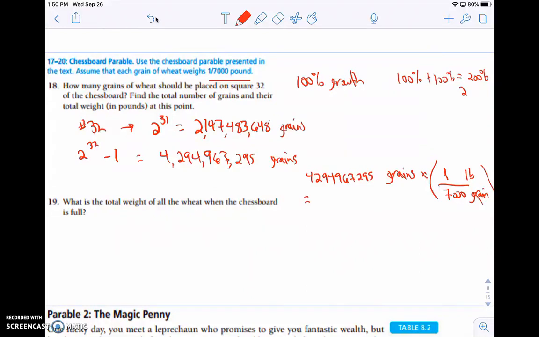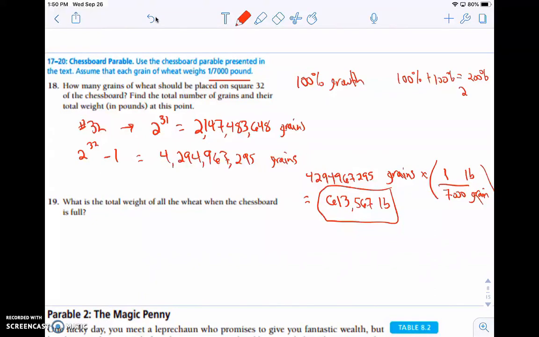So when I take that 4 billion and change divided by 7,000, I get 613,567 pounds. And that's how much your total weight would be after putting grain on 32 squares.